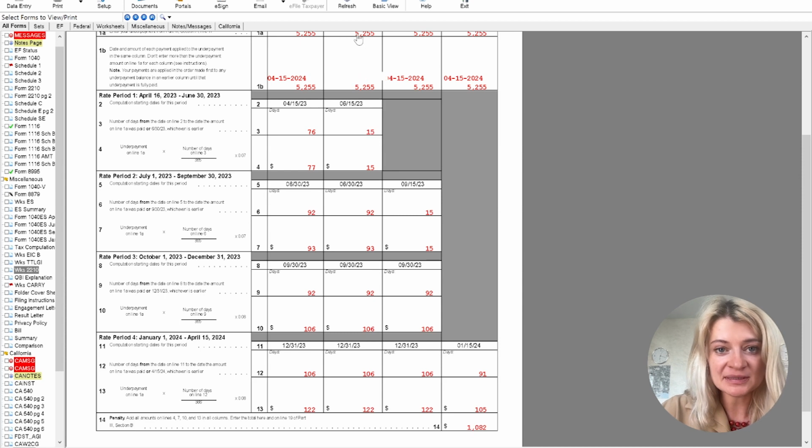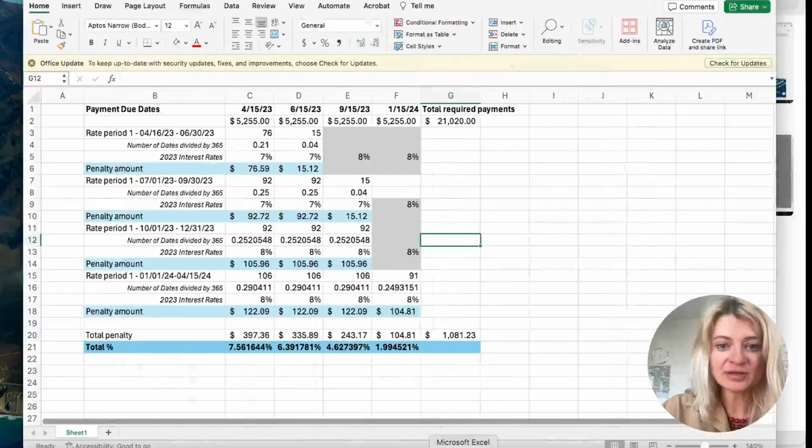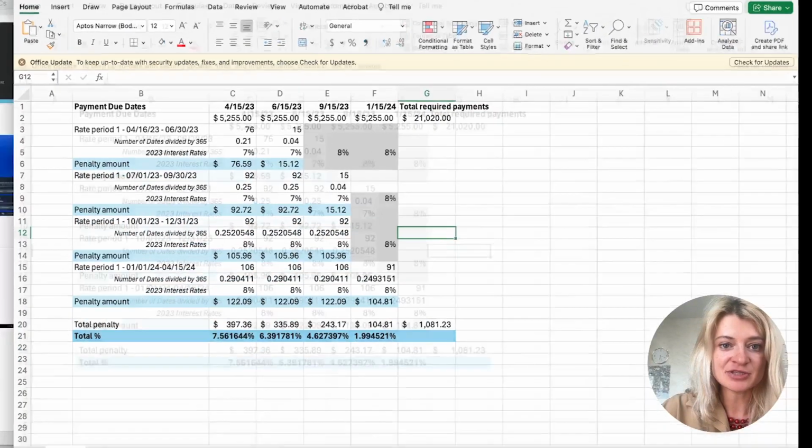For example, in this column it will be from June 15 to June 30th, which is 15 days. In this column, from July 1st to September 30th, which is 92 days. Then from September 15 to September 30th will be 15 days. That's the calculation. Let me show you Excel because I think this is much better.